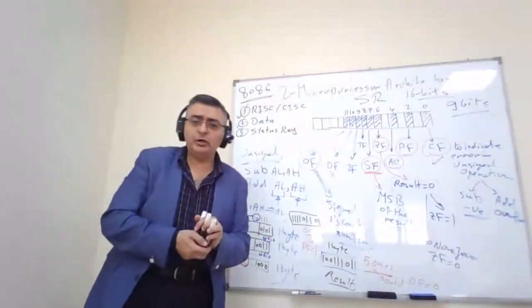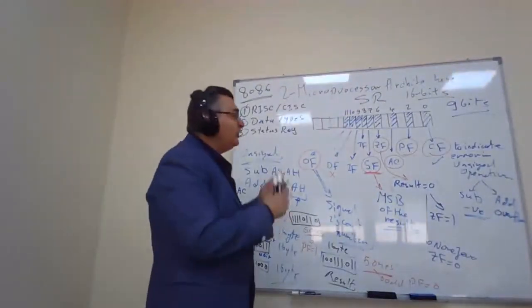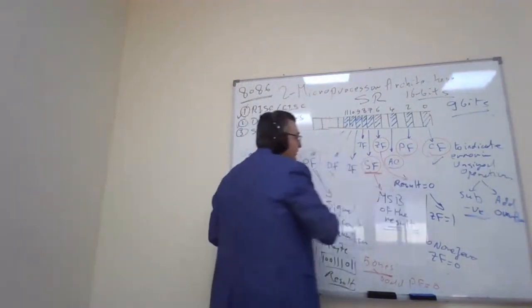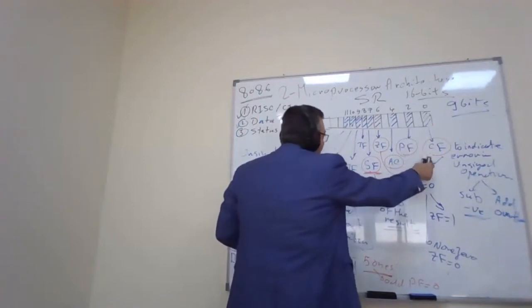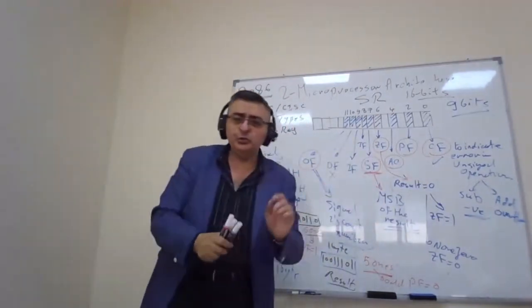Yes, for sure. We will do applications. In chapter 4, we will do applications and we will use almost all of the flags extensively. Maybe the parity is seldom used and also the auxiliary. But the carry flag, the zero flag, the sign flag, and the overflow flag are heavily used.